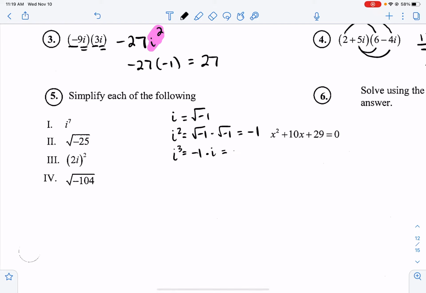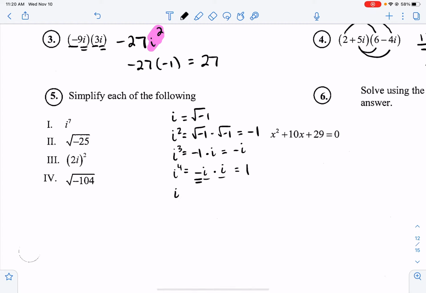So that just turns into negative i. i to the 4th is negative i multiplied by another i. And that just turns into, sorry, not negative 1. That's going to turn into positive 1 because the i's multiply together to be a negative 1, and they multiply by that negative, and they become a positive 1.